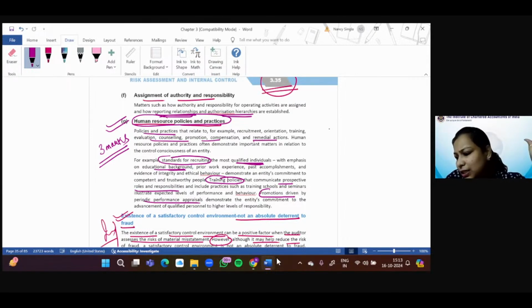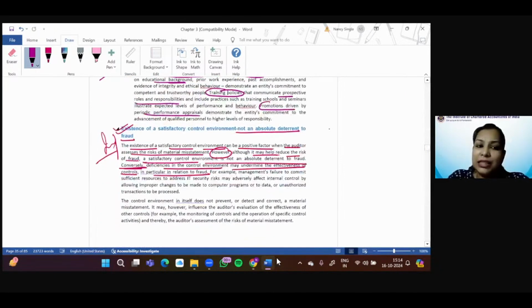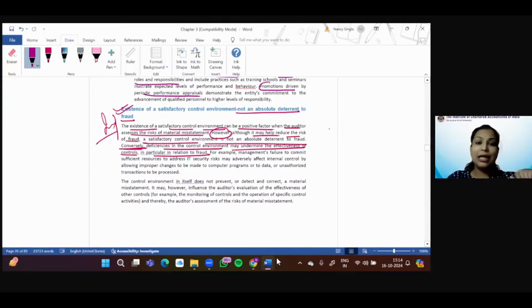So Swati, Bhumika, Ayushi, whatever you have written, like how the employees will behave, hiring employees, promotion and transfer, orientation, this is absolutely correct, right? We discussed this paragraph also in the last class, that existence of a satisfactory control environment is not an absolute deterrent to fraud. What is meant by deterrent? Deterrent is discouragement.